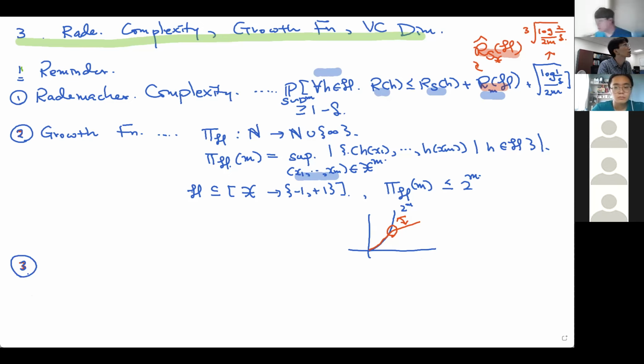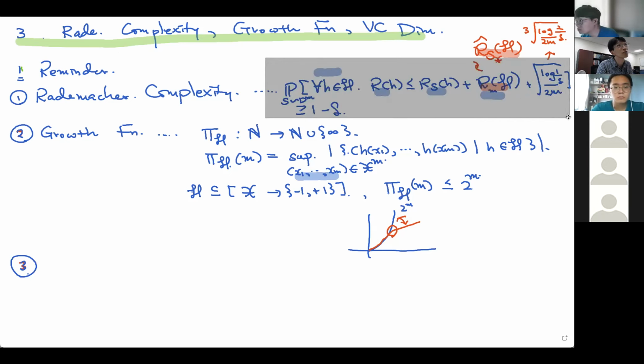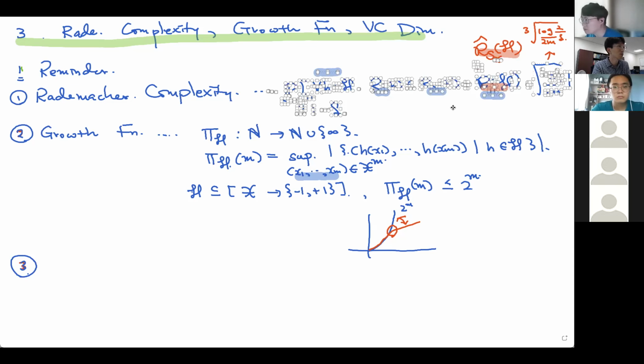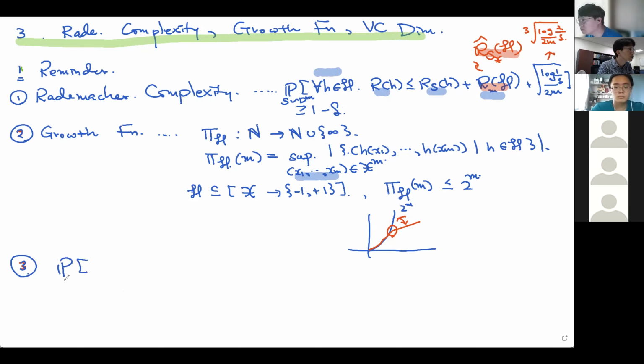So we can get very similar results, but now we can give an upper bound, a generalization bound, in terms of the growth function.